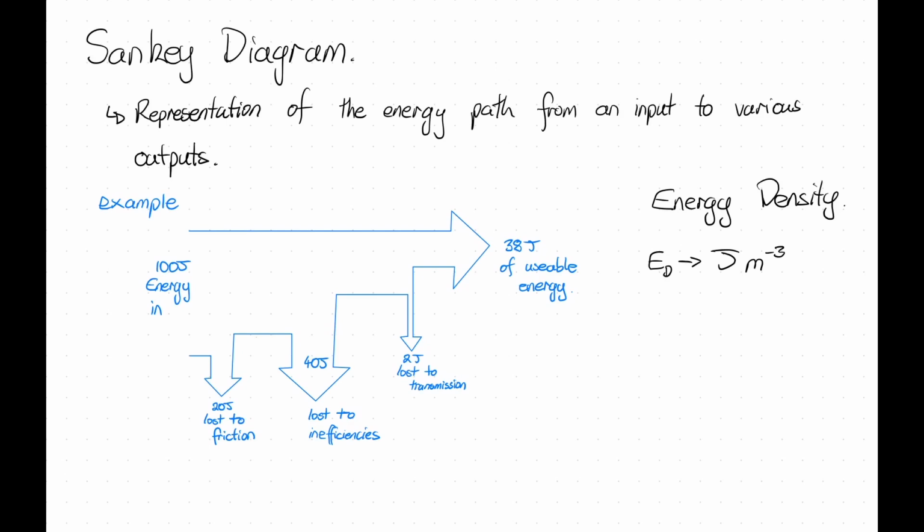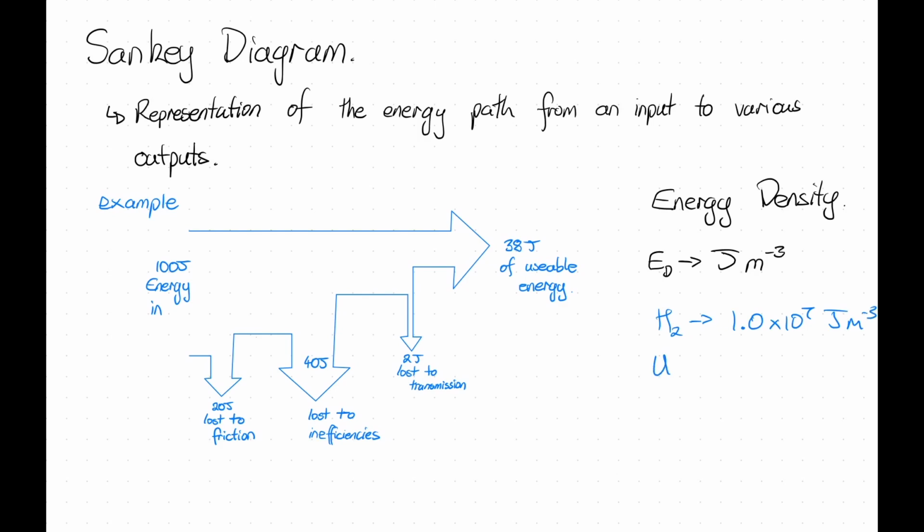Different materials are going to have a different energy density. For example, hydrogen is a very light material. H2 has an energy density of 1.0 times 10 to the 7 joules per meter cubed.